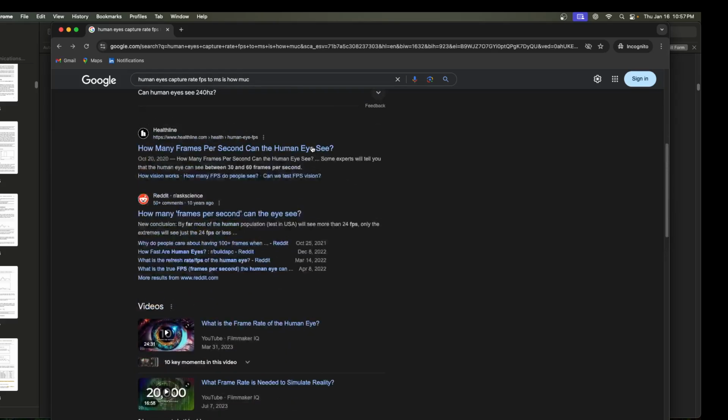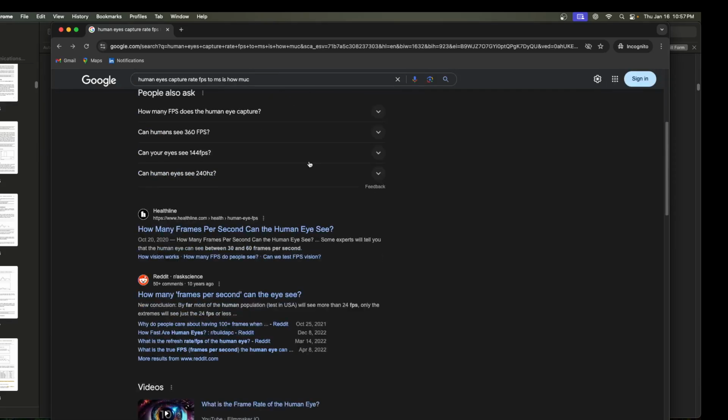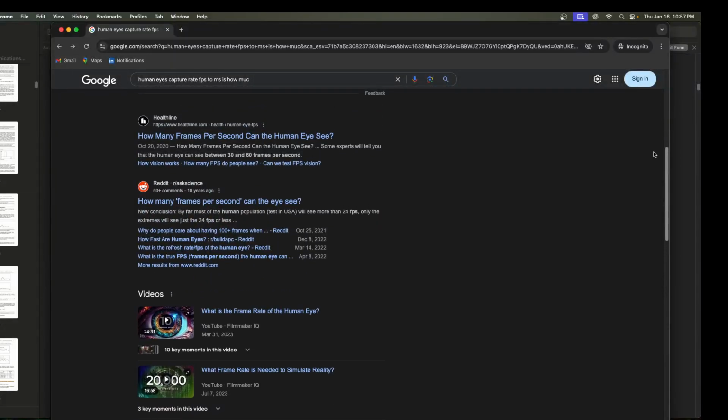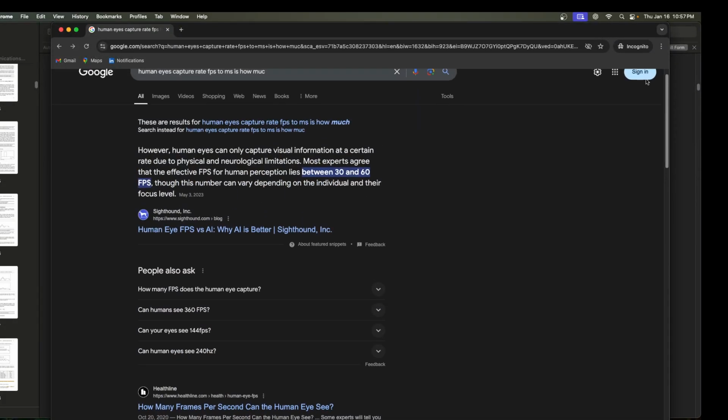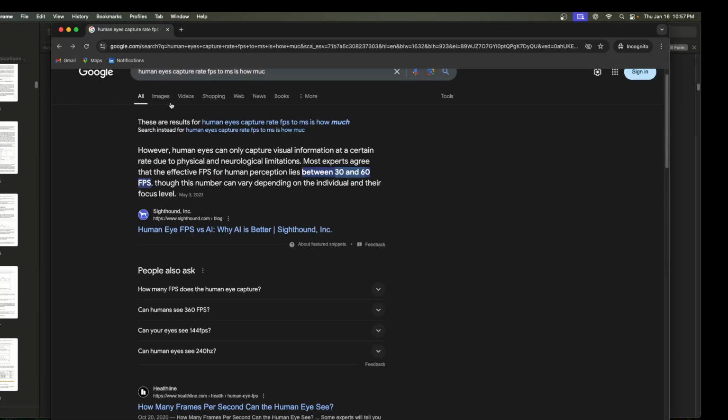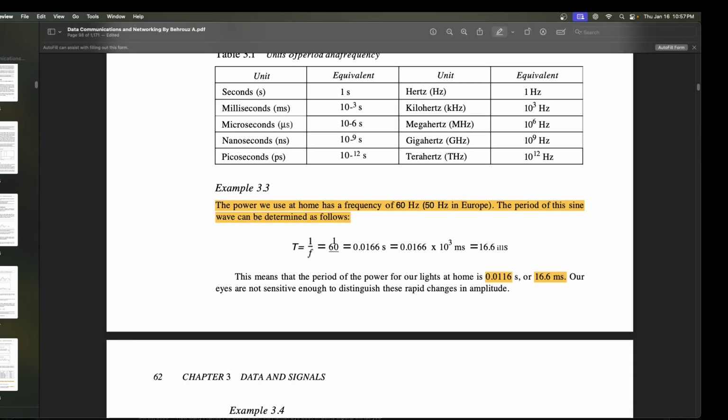And how much can humans capture? Between 30 and 60 fps. So if you make it faster, then even if you do it very fast, sometimes you cannot see the cursor.